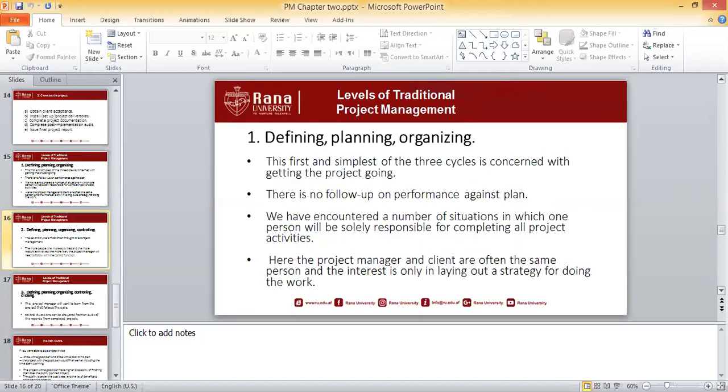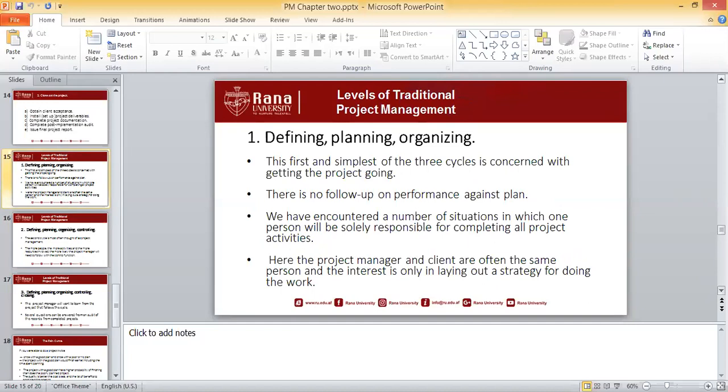So let's get started. Dear students, the first level in traditional project management follows this pattern. It consists of three main functions: defining, planning, and organizing, right?